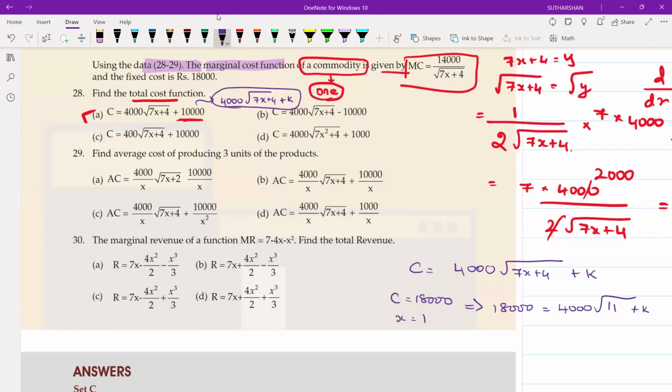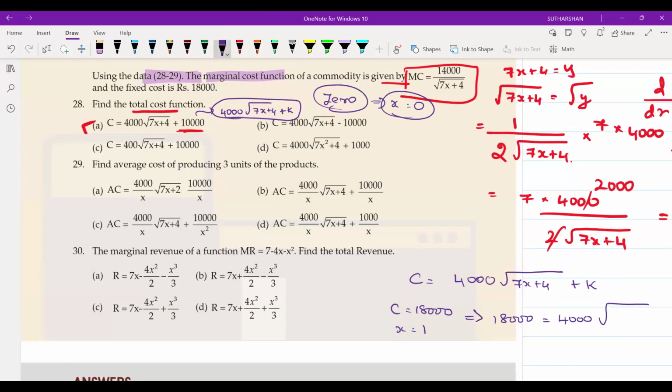Okay, fine. We will put that value. 18,000 divided by 4,000 will become 4.5. Here we should consider x equal to 0. Then only you will get that answer. Otherwise, you may not get that exact value.